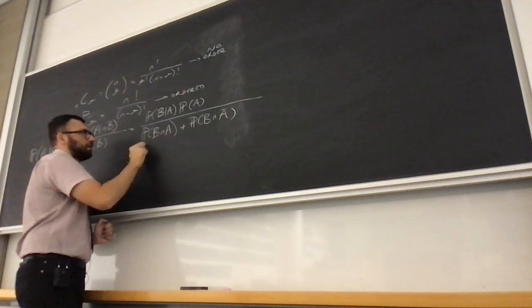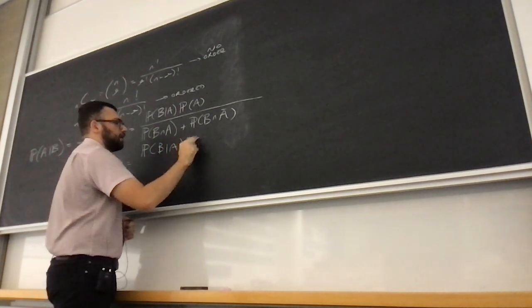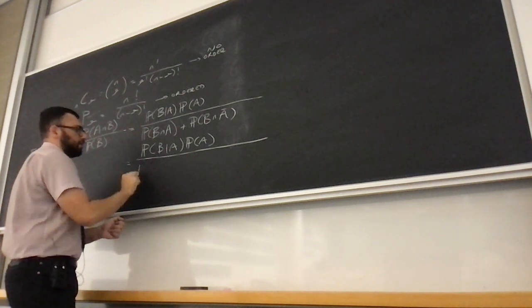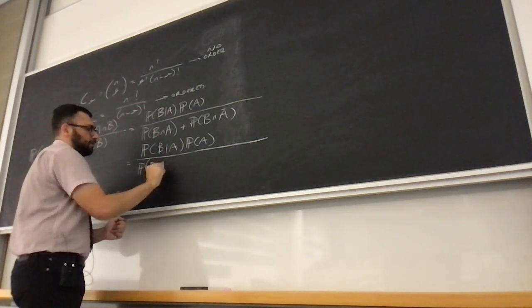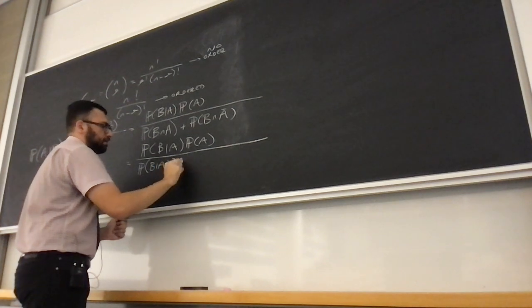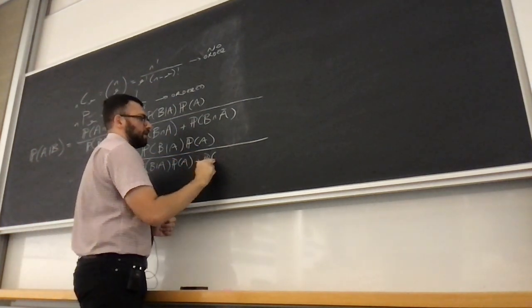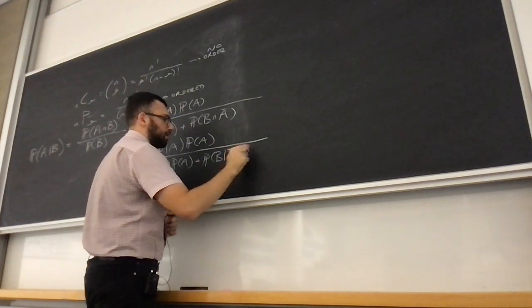Top stays the same, B given A times probability of A, over the probability, so this term here is going to become B given A times probability of A. And then this term here is going to give me probability of B given A bar times the probability of A bar.